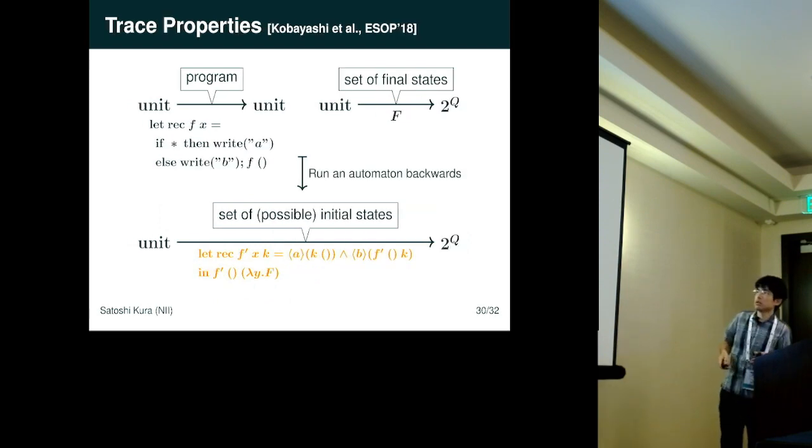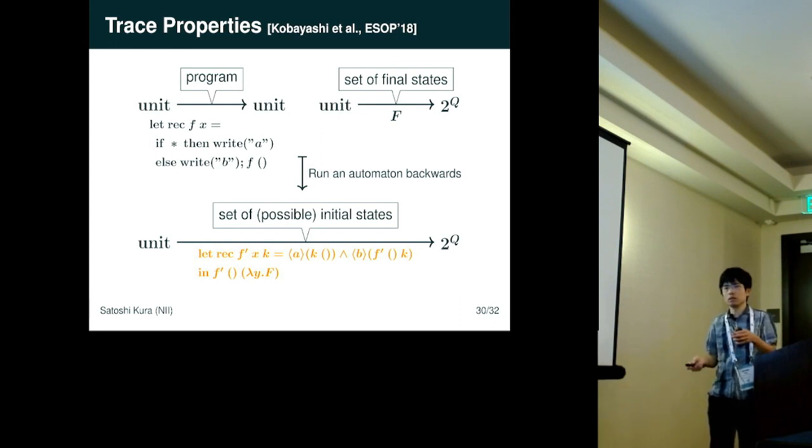Okay, we have another instance, and here we consider a program that outputs strings. The problem here is, given a program and a finite automaton, we want to verify that any output string is accepted by the finite automaton.